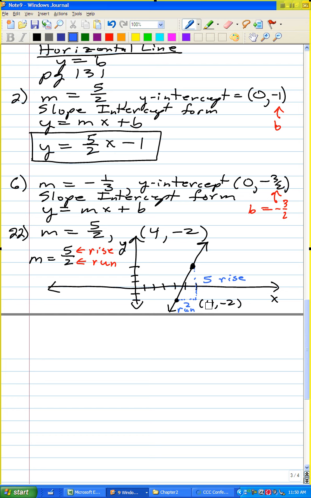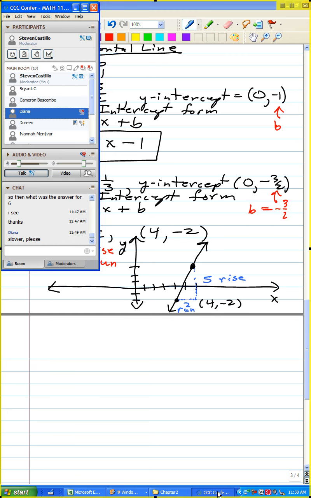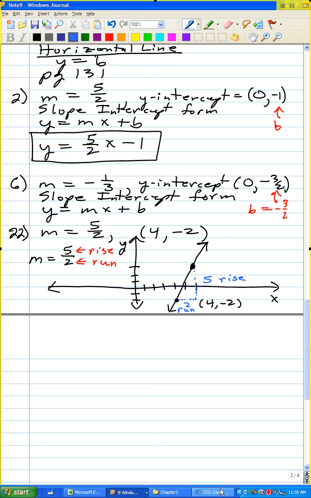Let me do problem number, okay, sure. So I start at the point 4, -2. So I'm here at the point 4, -2. So I go in the x direction 4, y direction, I go down 2. I start at that point.